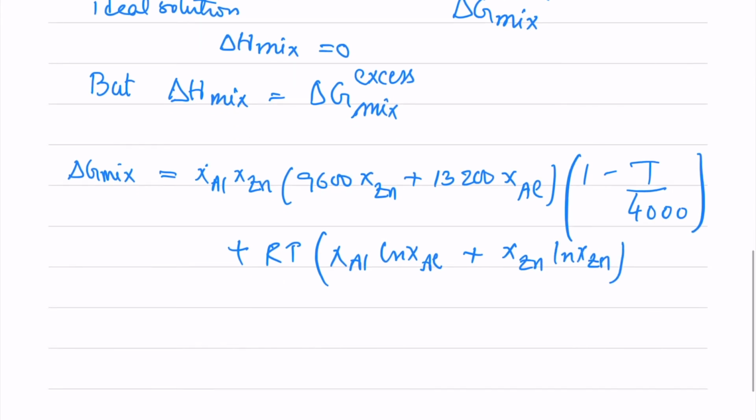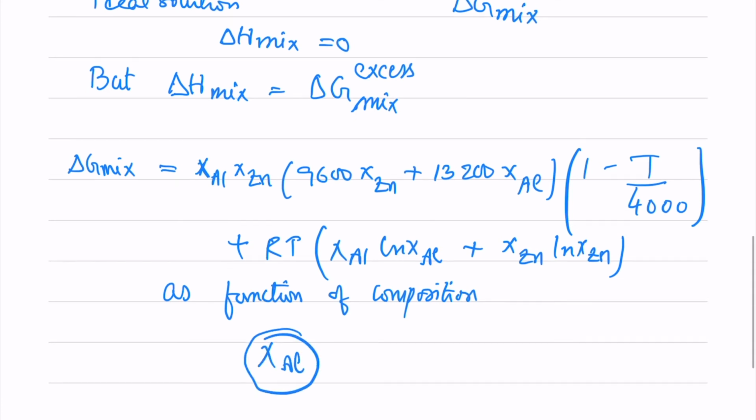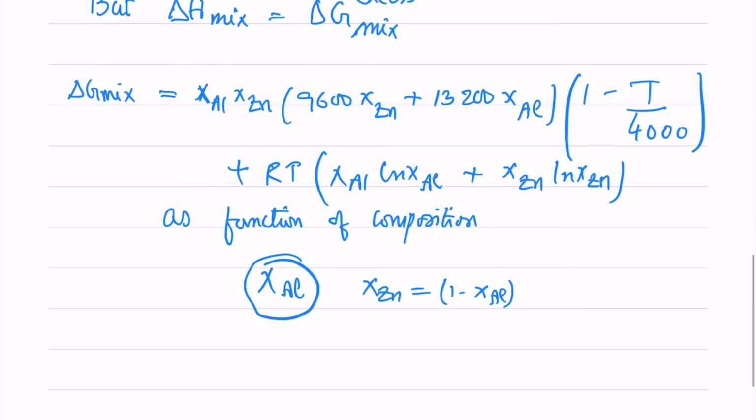So we need to plot this as a function of composition XAL. Let's do it with XAL. So X zinc is nothing but 1 minus XAL. We will use this relation. And we have to do it for a temperature range, for this temperature range.